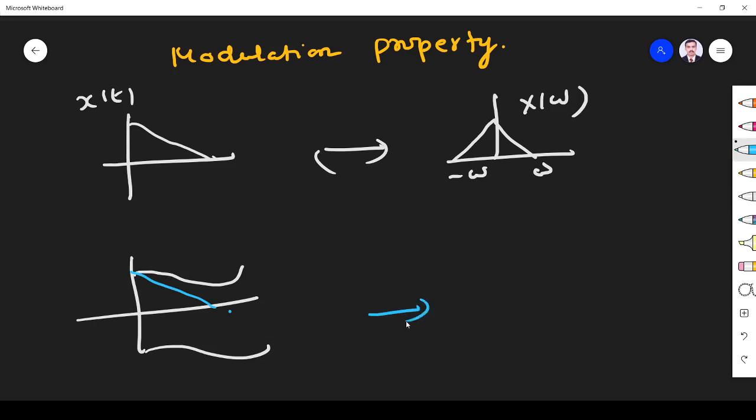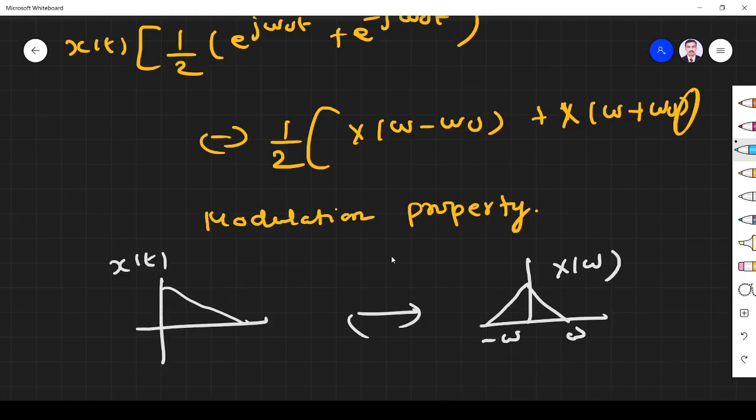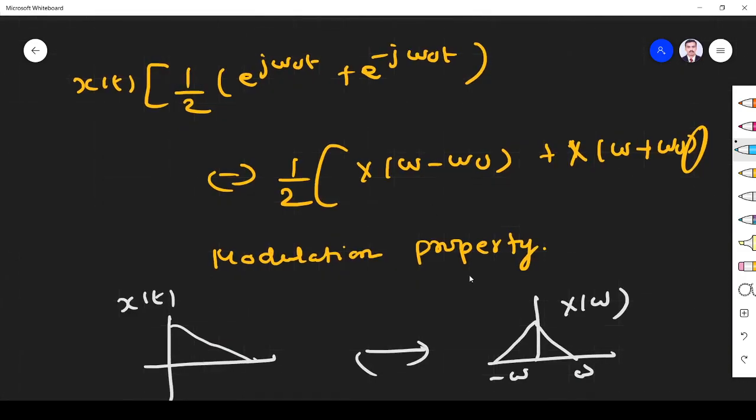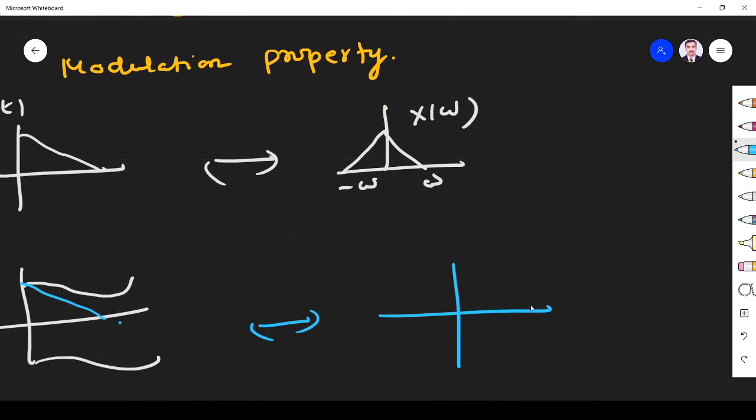What will happen? The spectrum will be shifted by omega naught. X of omega minus omega naught means it will be shifted to the right hand side. This is X of omega minus omega naught, so this must be omega naught.